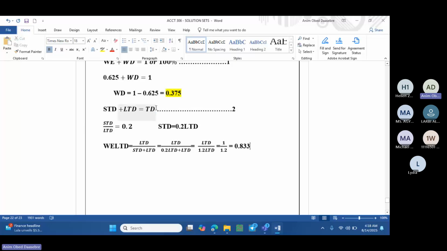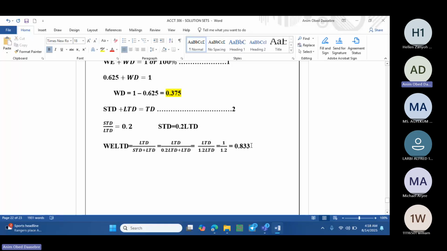So this equation, the TD is 0.375, right? Yeah.